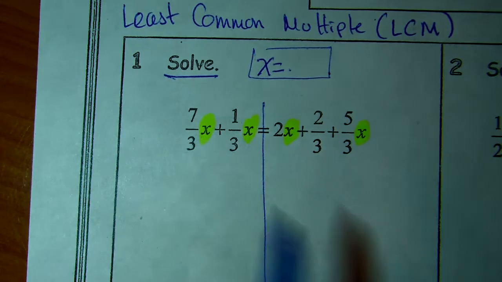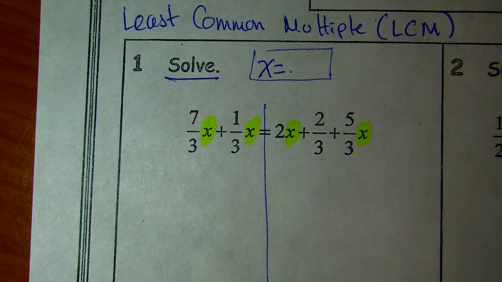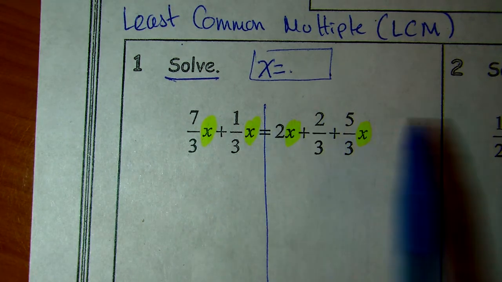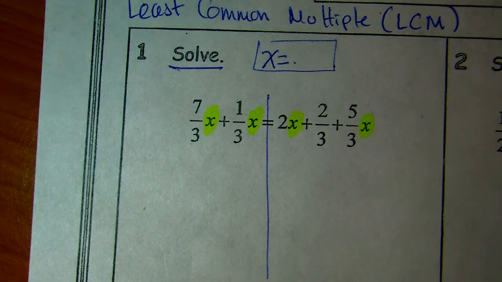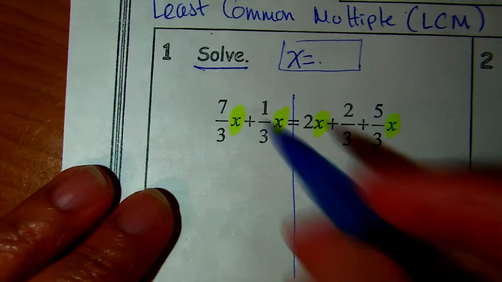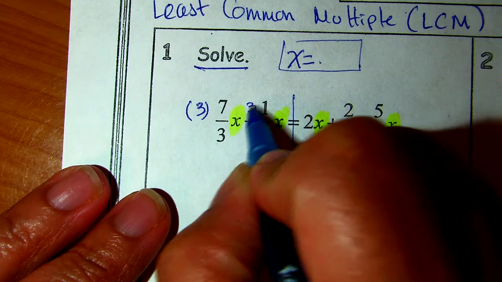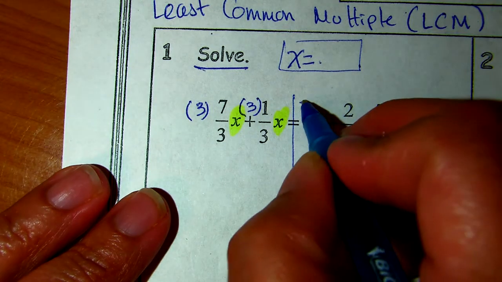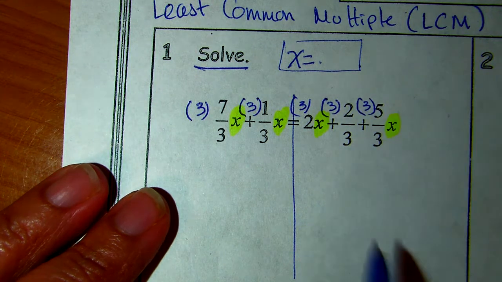In order to get rid of the 3's right here, I don't want them there, I'm going to multiply everything by 3. That's where we use the Old MacDonald song. Do you have fractions? Yes. Use Old MacDonald. With the 3 here and the 3 here, 3 here, 3 here, 3 everywhere.